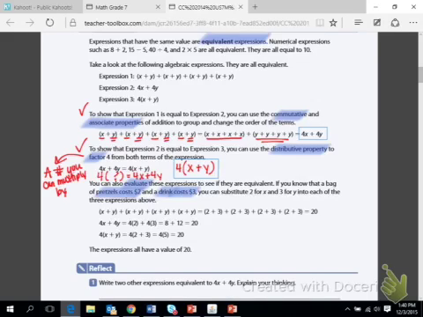So x plus y plus x plus y plus x plus y plus x plus y would become 2 plus 3 plus 2 plus 3 plus 2 plus 3 plus 2 plus 3. 2 plus 3 gives us 5, so what we are really looking at is 5 plus 5 plus 5 plus 5, which equals 20.